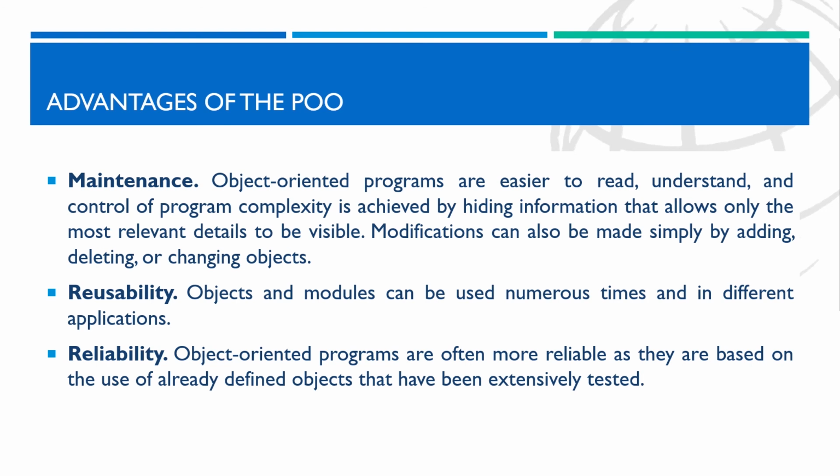Modifications can also be made simply by adding, deleting, or changing objects. Reusability: objects and modules can be used numerous times and in different applications. And reliability: object-oriented programs are often more reliable as they are based on the use of already defined objects that have been extensively tested.